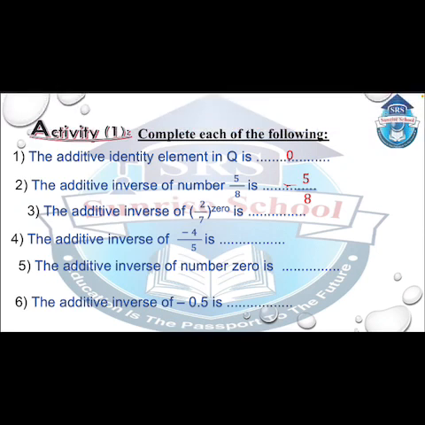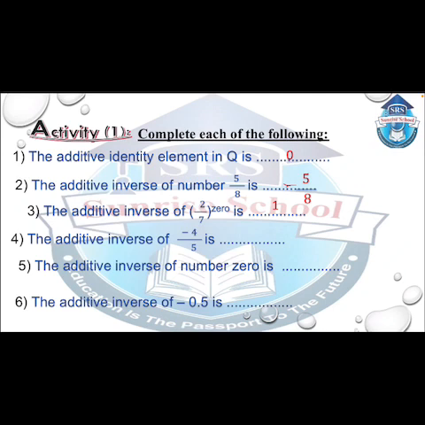The additive inverse of 2 over 7 to the power 0 will be negative 1, since anything to the power 0 is equal to 1. Any number, any integer, any rational number to the power 0 will be 1.